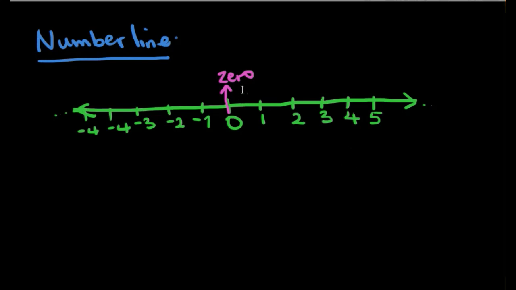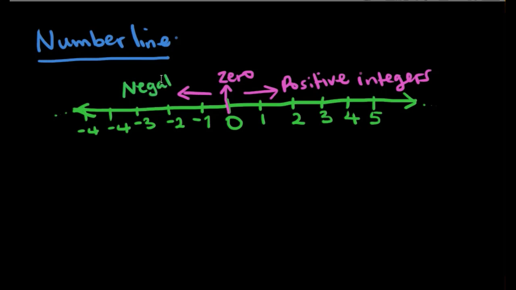Then this side we have positive integers, and this side we have negative integers.